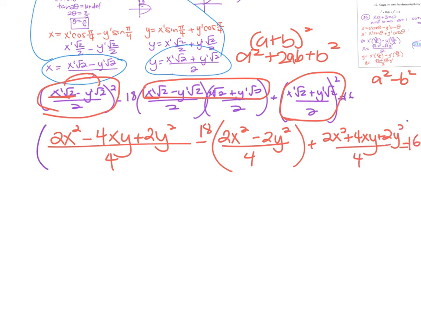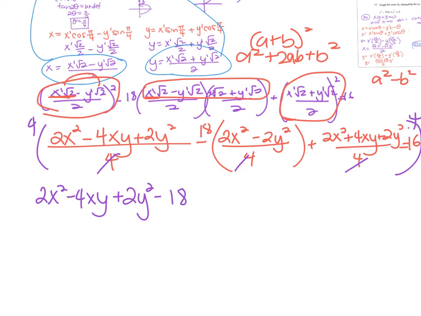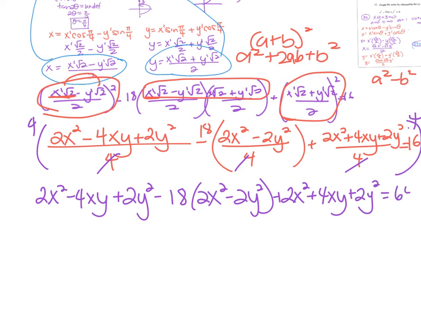And then I would get rid of the 4's. So everywhere there's a denominator, it's going to cancel, and I'm going to multiply this times 4 over here. So 2x squared minus 4xy plus 2y squared minus 18 times 2x squared minus 2y squared equals 64. Distribute this.